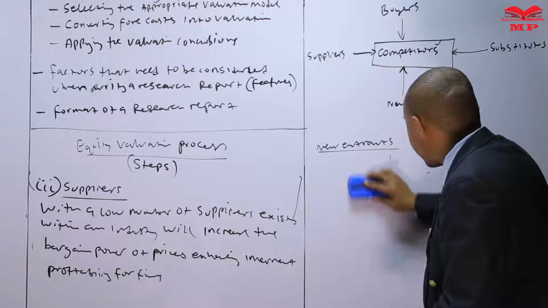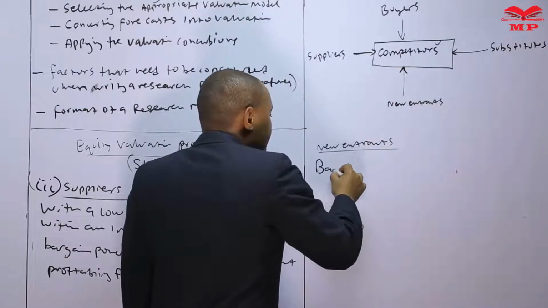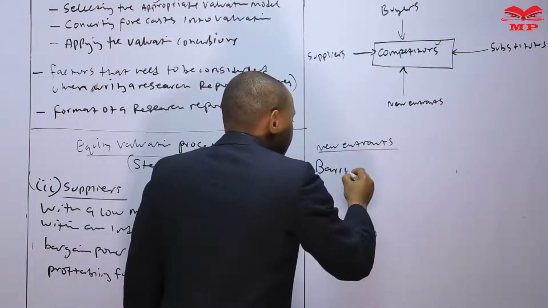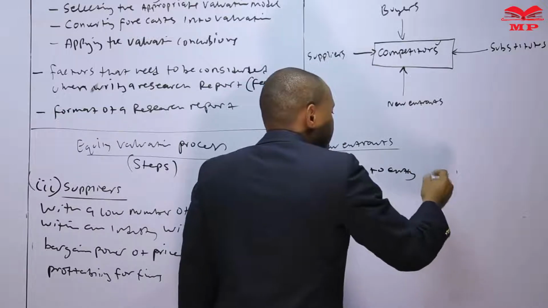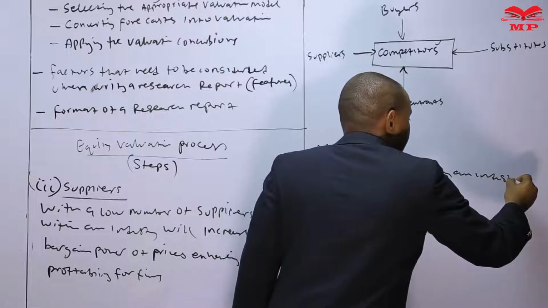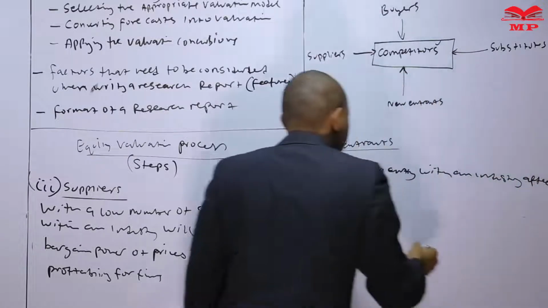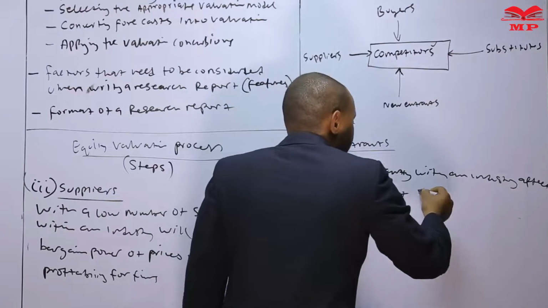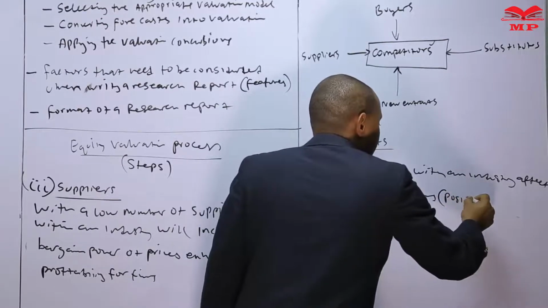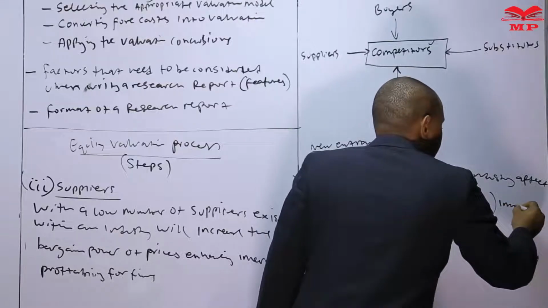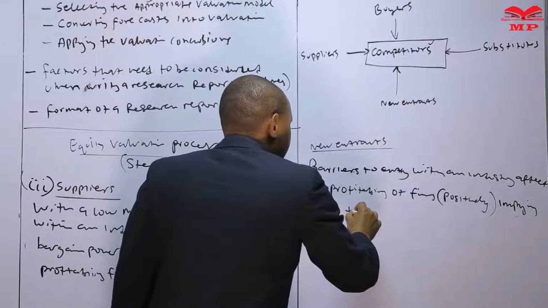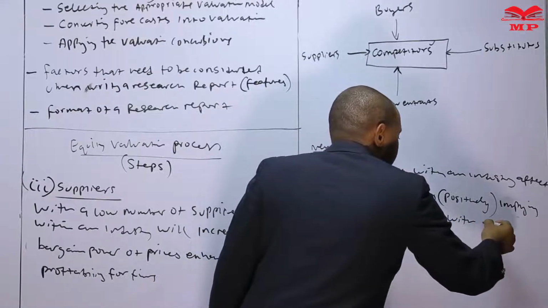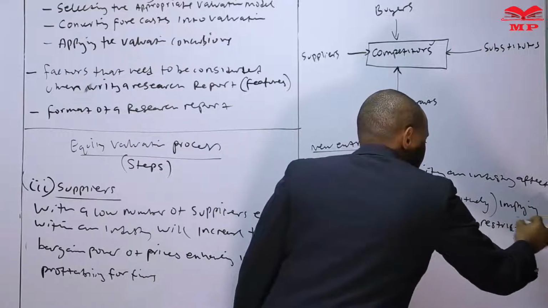So we can say that barriers to entry within an industry affect profitability of firms positively, implying that they will benefit with restrictions to entry.